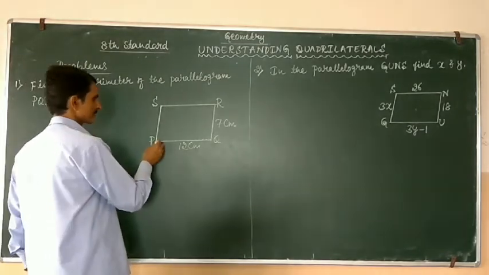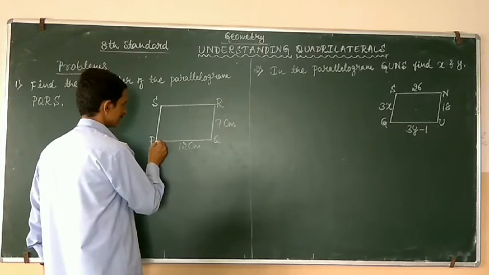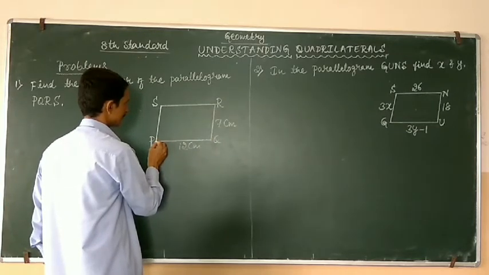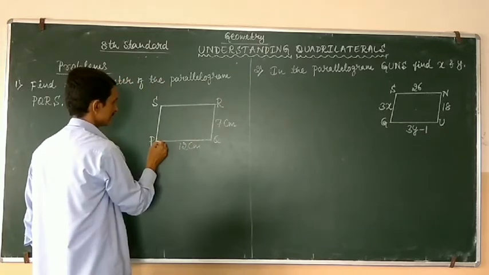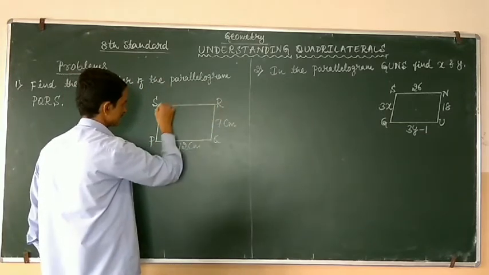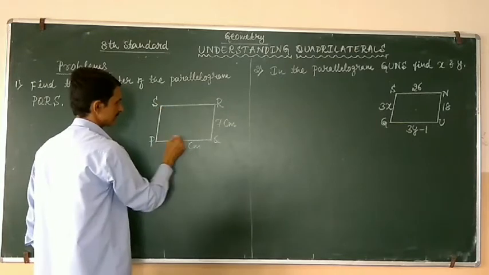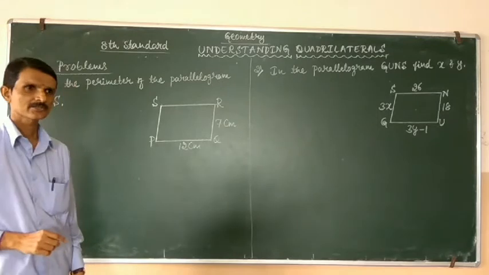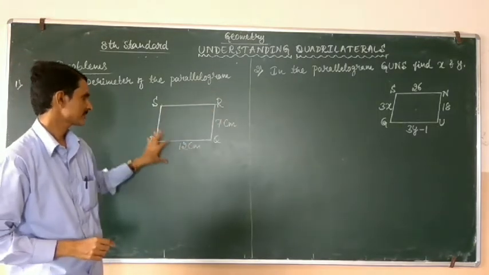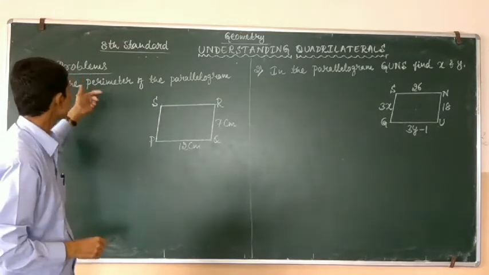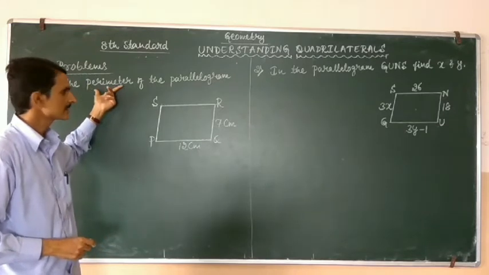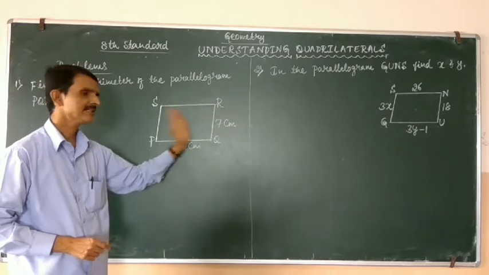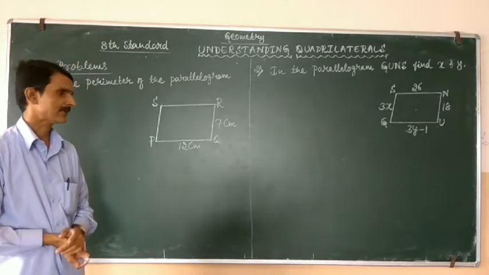So here, students, it has four sides. Perimeter means the sum of four sides: PQ plus QR plus RS plus SP. If we add the lengths of the four sides, we will get the perimeter. If you observe the figure, we know only two sides of the parallelogram.